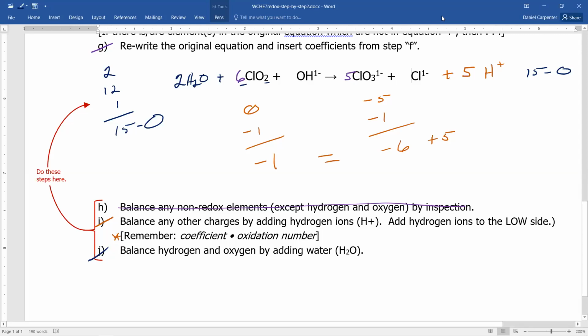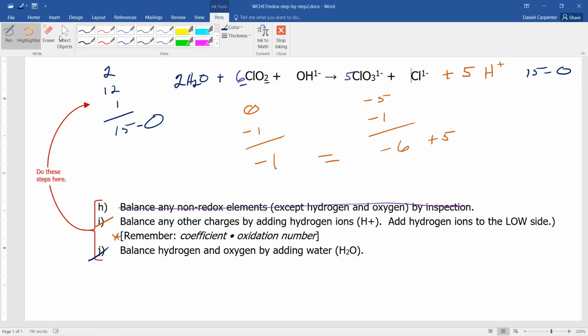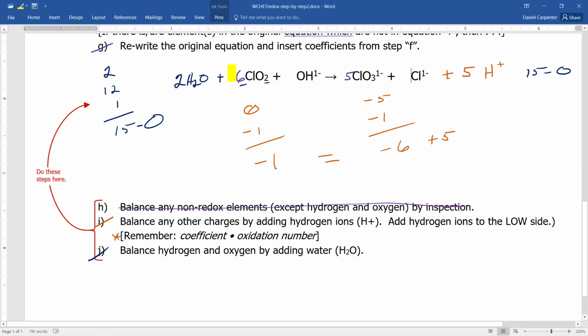So, any questions? Noah, did you have a question? Yeah. Where do you get the numbers for step I? I'm still confused on that part. Coefficient times oxidation number.